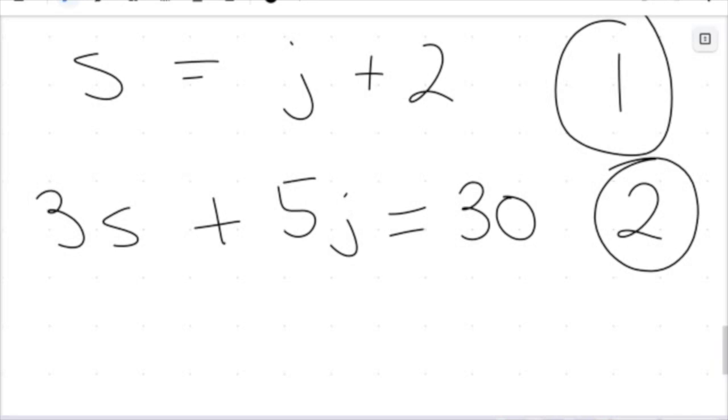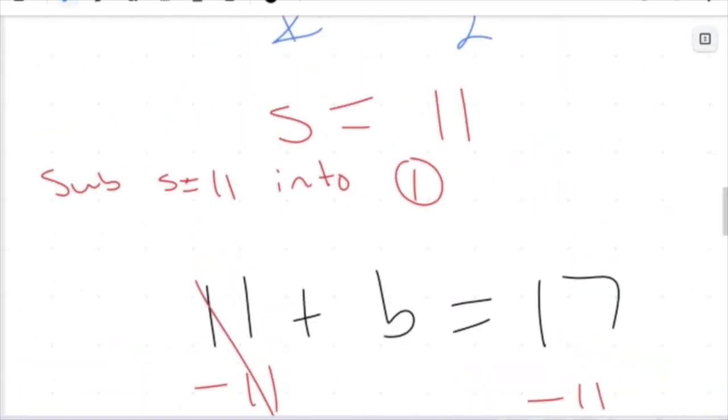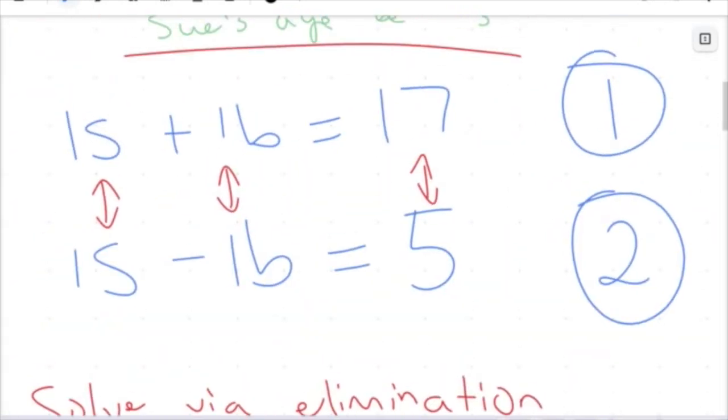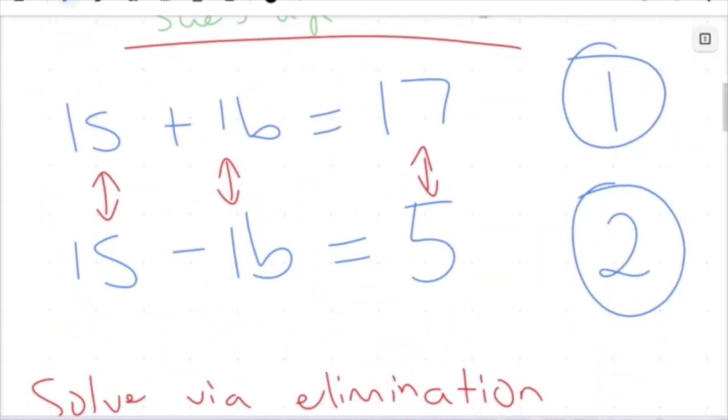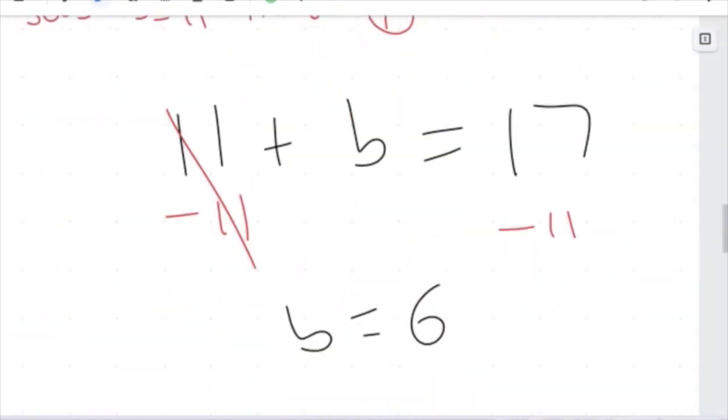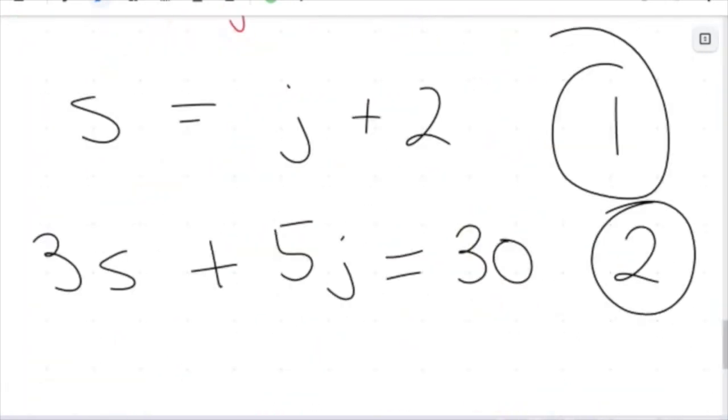It's good that you have your head around both, so that way you can just apply the relevant process to whatever the question gives you. Now, in the previous question, for example, because of the signs and because the coefficients of the pronumerals were exactly the same, elimination was a lot easier. But now for this one, let's have a look.